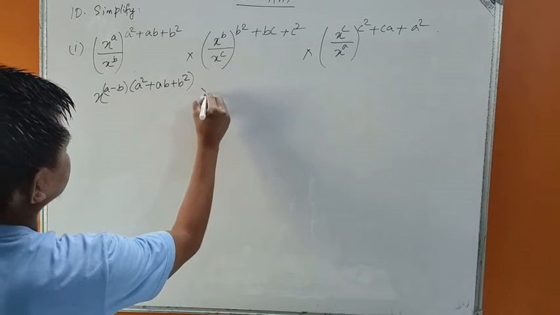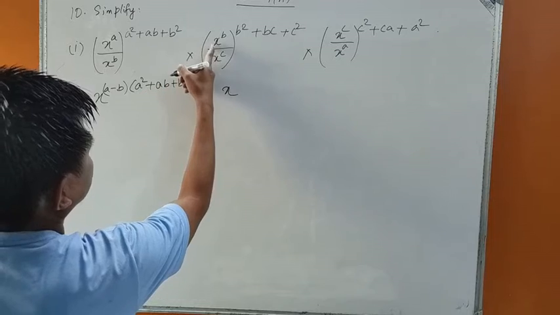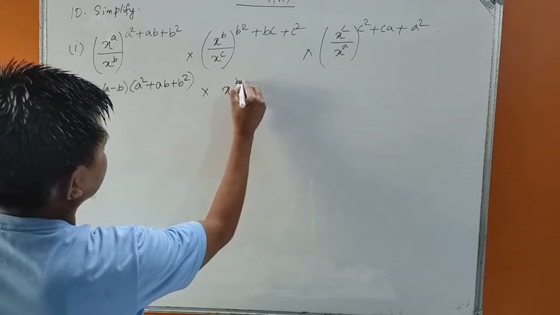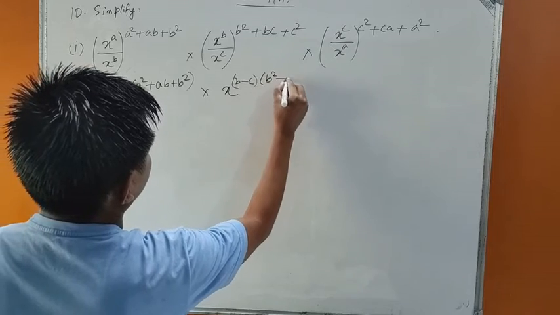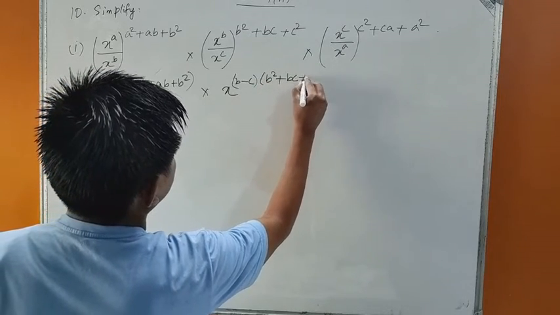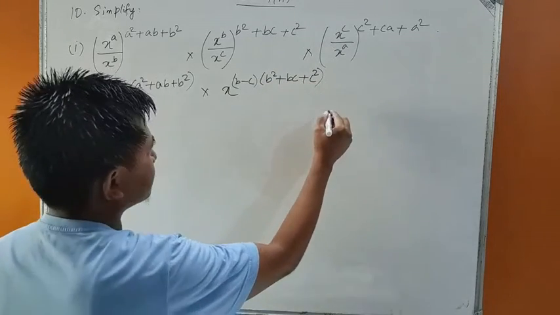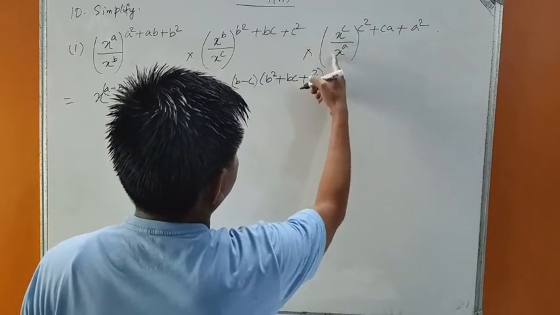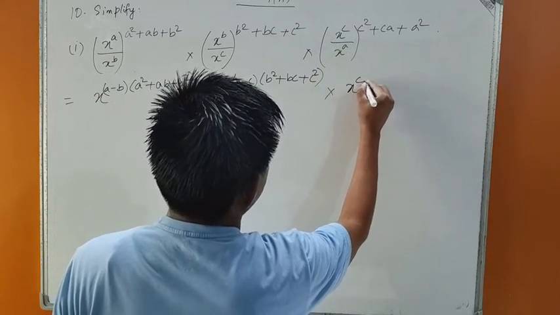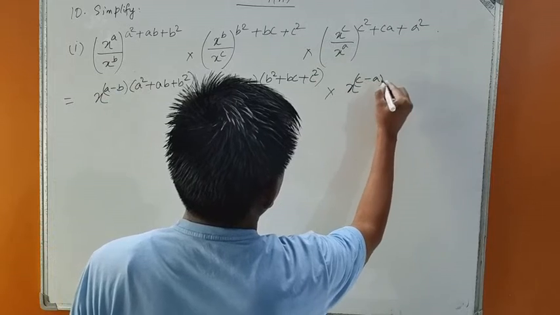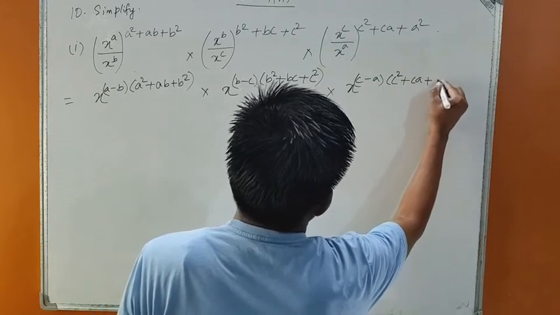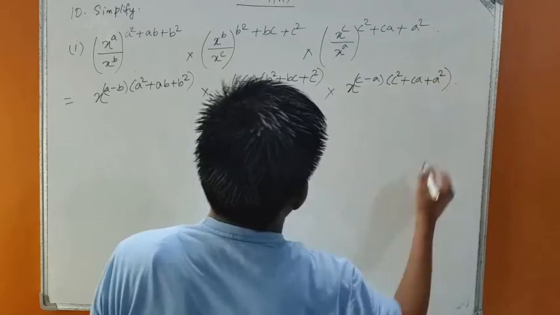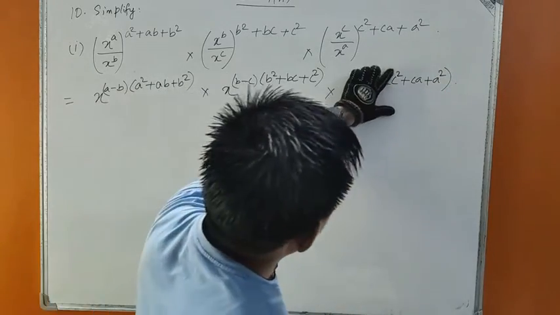So here into x to the power, this can be written as b minus c whole to the power b square plus bc plus c square, isn't it? Into here we can write x to the power c minus a into c square plus ca plus a square, isn't it? This is bracket, okay, not c.